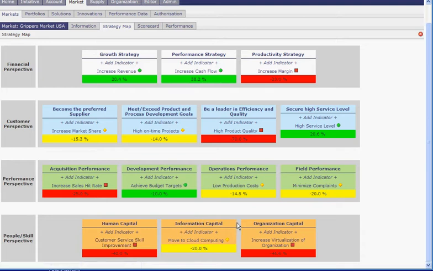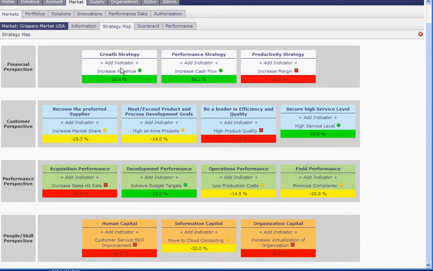Then you have information capital, where an objective could be to move to cloud computing, and you have organizational capital, which means the quality of your organization triggers the achievement of the strategic objectives, could be increased visualization of organization. So this is very typical of how a strategic map looks.